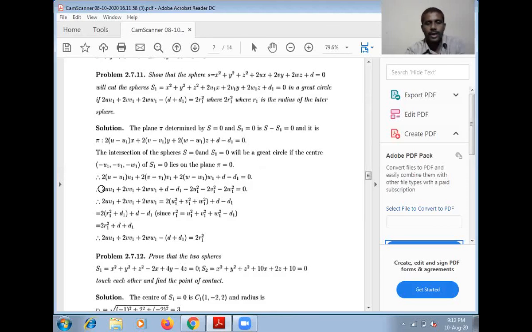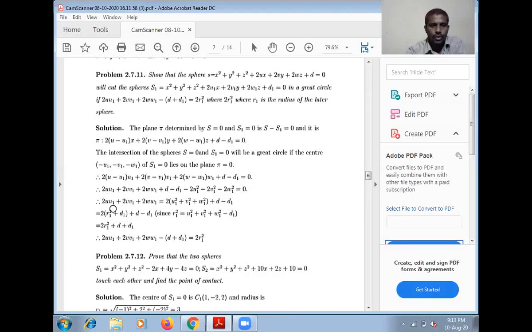Now substitute in the plane equation: 2 of u minus u1 of minus u1, plus 2 of v minus v1 of minus v1, plus 2 of w minus w1 of minus w1, plus d minus d1 equal to 0. So here we get 2u u1 plus 2v v1 plus 2w w1 plus d minus d1, minus 2 of u1 square plus v1 square plus w1 square equal to 0.